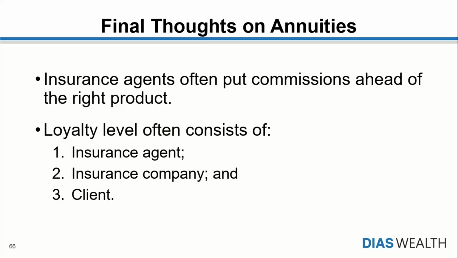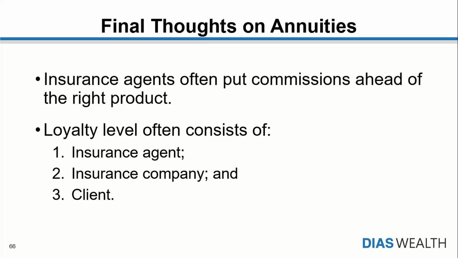The problem with annuities a lot of times is that the insurance agent puts commissions ahead of the right product. So instead of doing due diligence and putting together a report and going through all the differences that are out there, they just pivot to certain types of annuities that they want to sell, or they just really look at commissions.